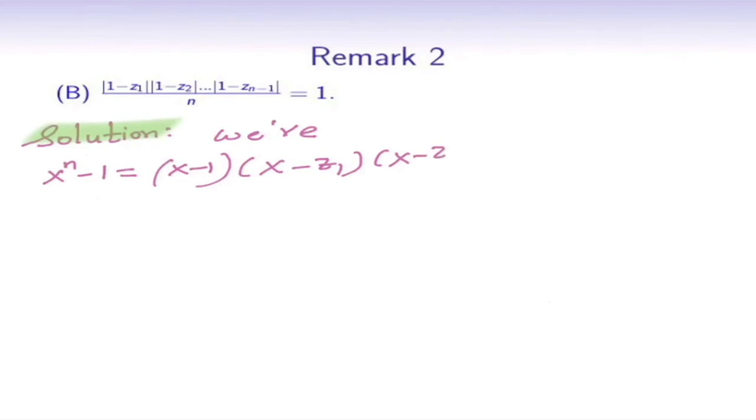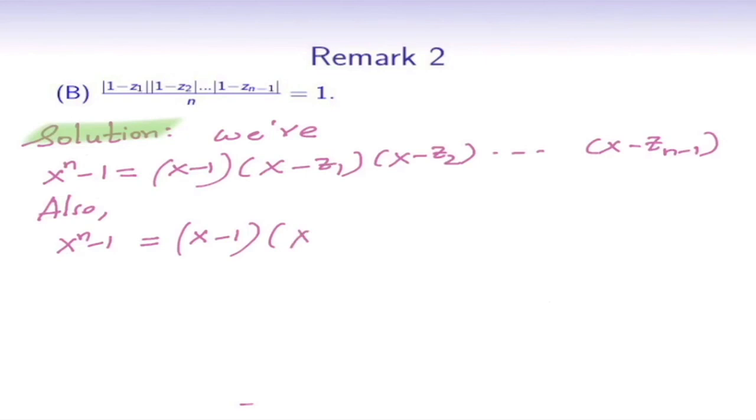So we have, because zk's are nth roots of unity, xn minus 1 is equal to x minus 1 into x minus z1 into x minus z2 and so on up to x minus zn minus 1. Also, xn minus 1 factors as x minus 1 into xn minus 1 plus xn minus 2 and so on up to x plus 1.